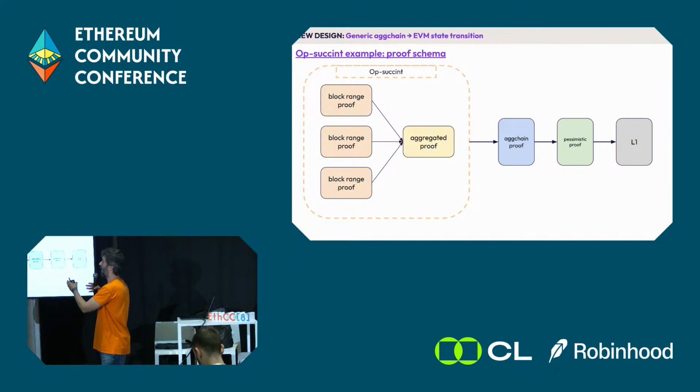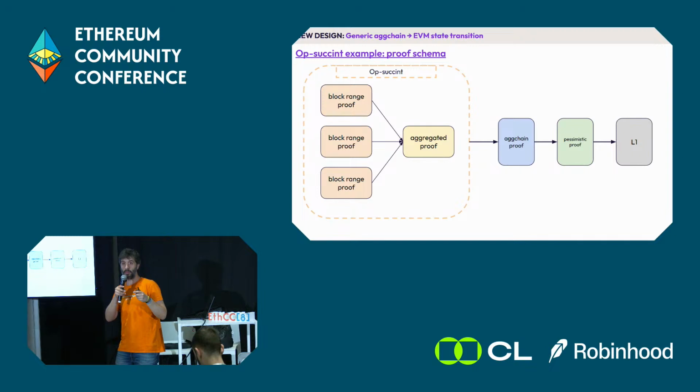Also, the OP-succinct stack creates another proof that aggregates all block ranges. This aggregated proof is verified inside the ActChain proof. And then the ActChain proof is verified inside the pessimistic proof. And then the pessimistic proof is verified on layer 1. It's kind of an inception of zero-knowledge proofs.